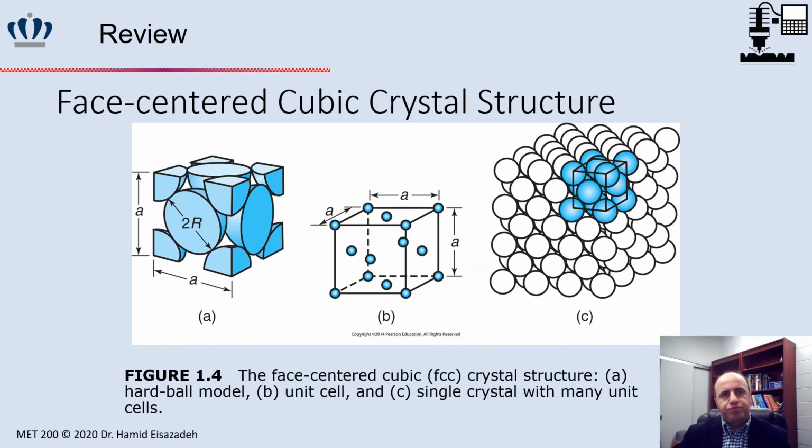And then we discussed the FCC crystal structure, where we still have one atom on each corner, but instead of having one atom in the center of the unit cell, we have an atom located on each face.